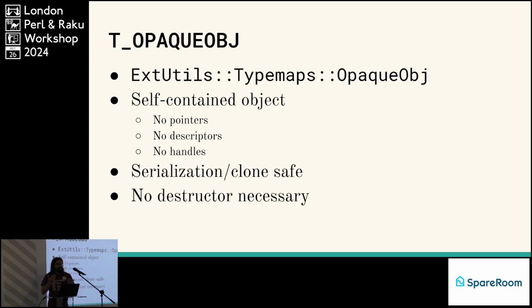One of my typemaps that I think is very useful is opaque objects. How it works is very easy to explain, because it's just putting a struct into a string. That's really all there is to it. Which means it's a very good option if you have a struct that doesn't contain any pointers or file handles or any external reference like that. This is a perfect solution, because it's easy.